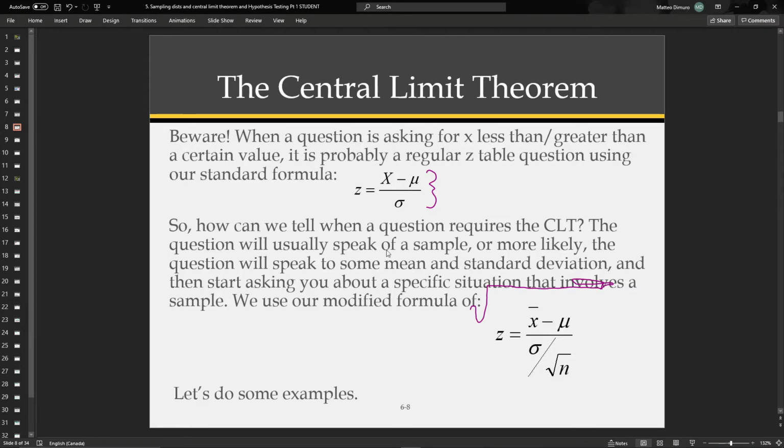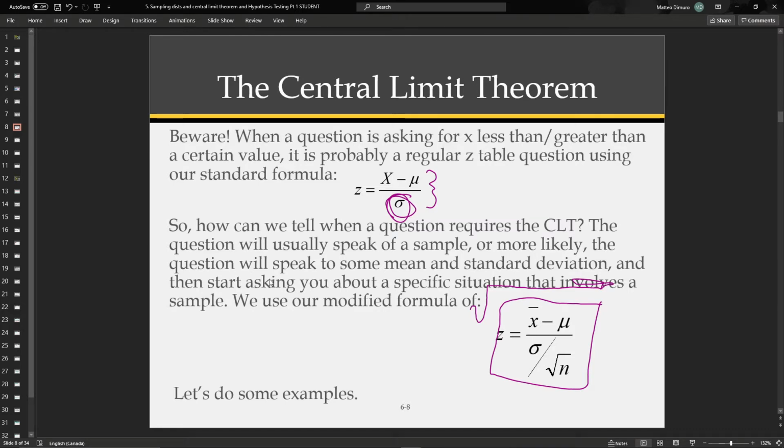The question will usually talk about a sample, or speak to some mean and some standard deviation, and then start asking you about a specific situation that involves a sample. When that's the case, it'll be a central limit theorem question, and this is how we modify the Z-score formula. All that's changed is that, because we may not actually have the correct value for the standard deviation, we use the standard deviation divided by the square root of n, because the central limit theorem shows us that helps correct it.